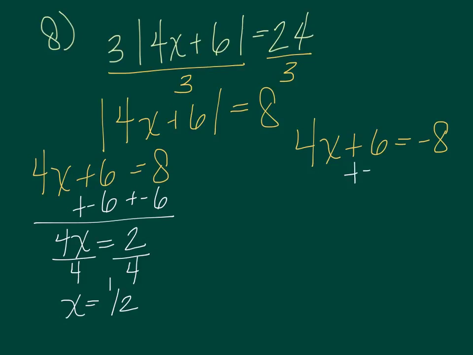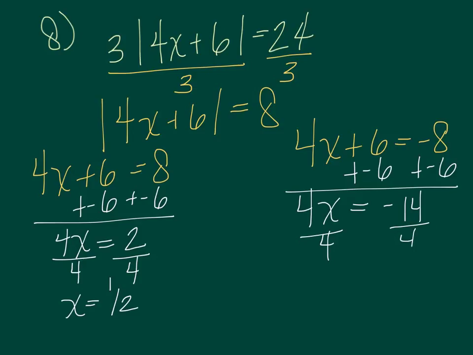I'm going to do the same thing on the other side. So I get 4x equals negative 14. Then divide by 4, and x equals negative 3.5.